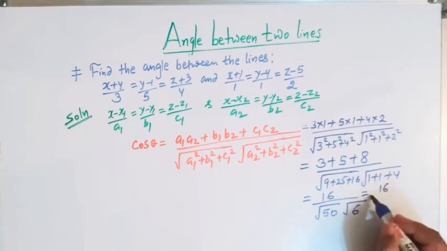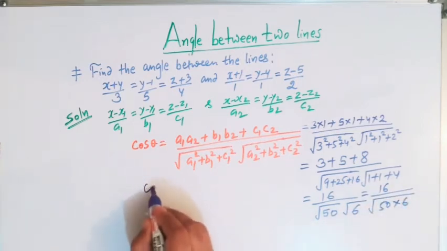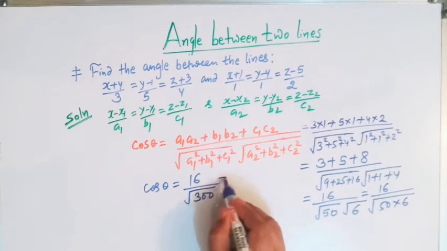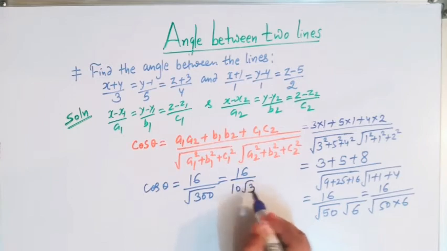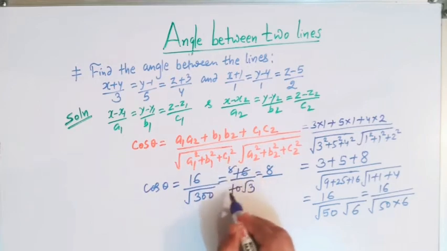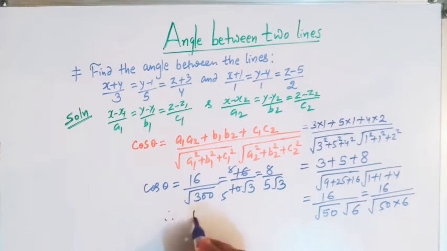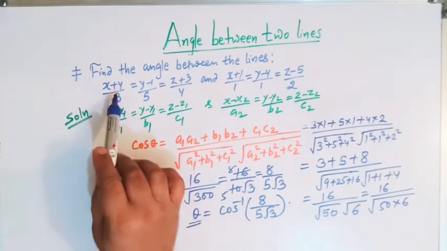Now this can be further simplified as 16 divided by 50 into 6, and cos theta can be written as 16 divided by 300, which can be written as 16 divided by 10 root 3, and this can be written as, this is 2 8s are, this is 2 5s are, so we have 8 over 5 root 3. So therefore theta is cos inverse 8 divided by 5 root 3, right? So this is the angle between these two lines.